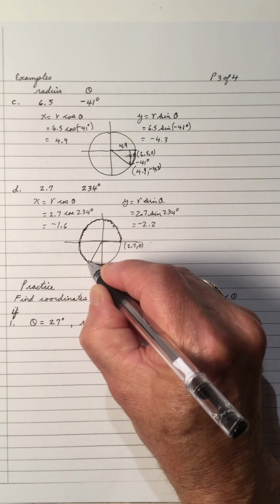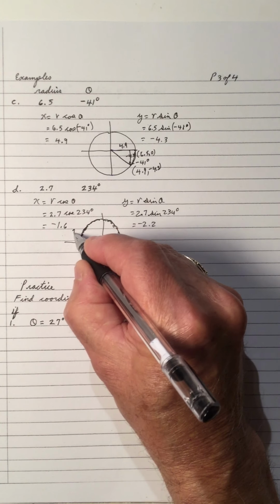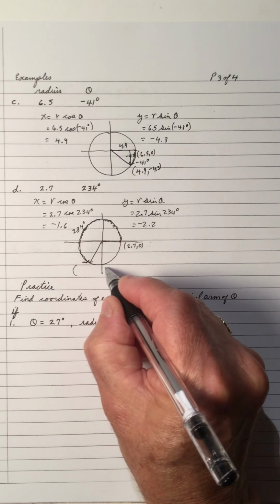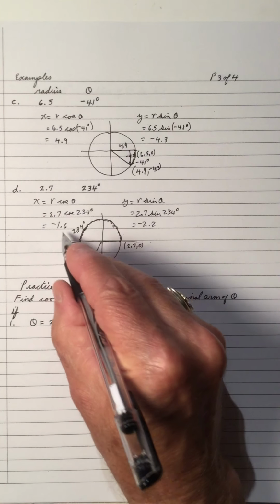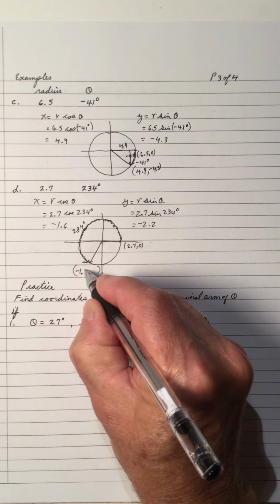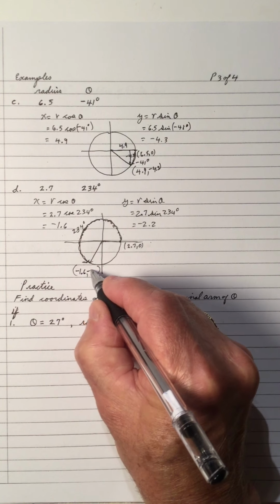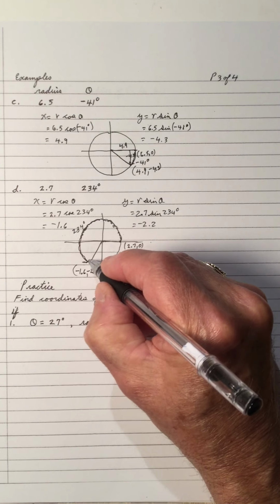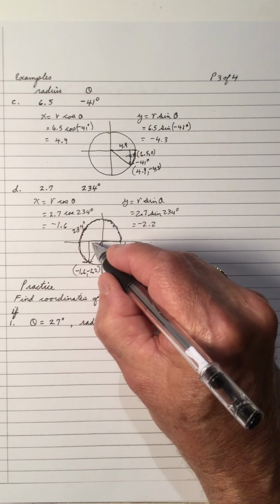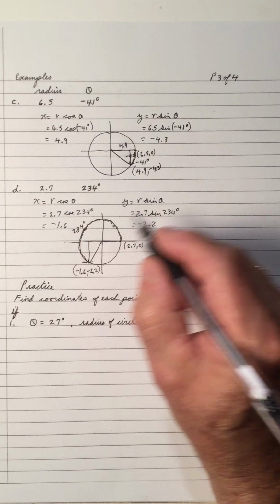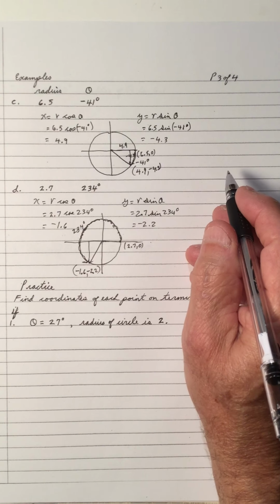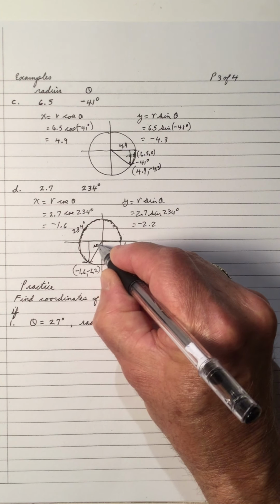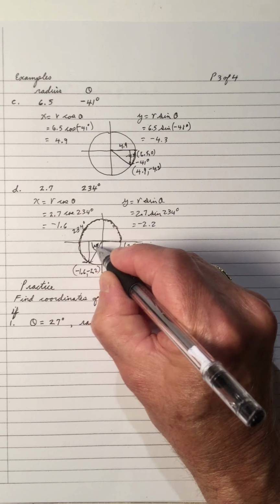This is theta. So that rotation there is 234 degrees. So the coordinates of this point are x negative 1.6 and y a negative 2.2, and that makes sense because when we drop the perpendicular, the x is negative and the y is negative on that rotation. Remember, the reference angle is the angle that's in this corner here of this right triangle.